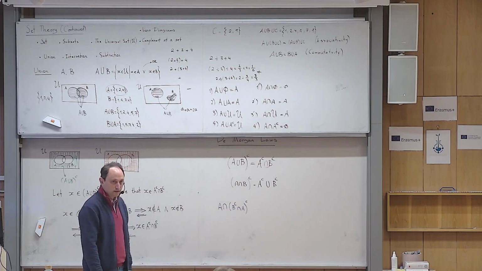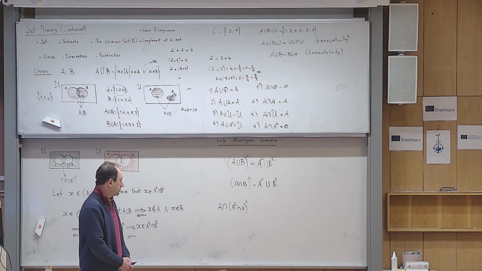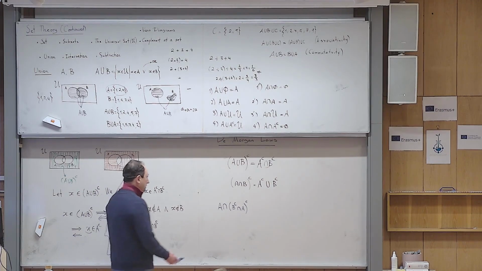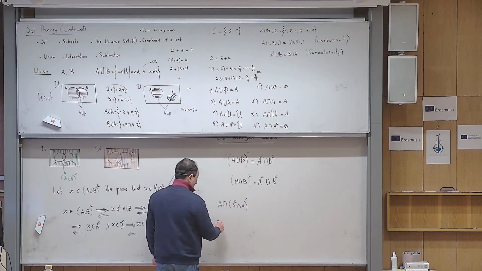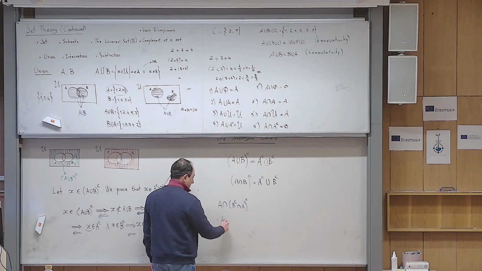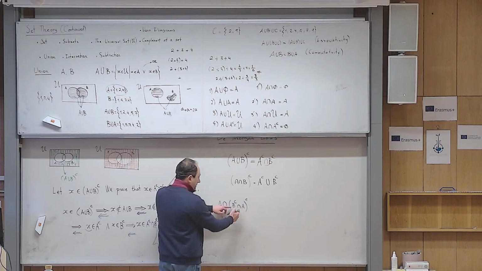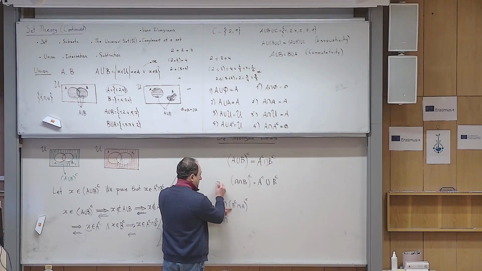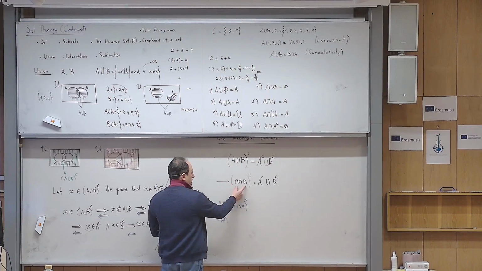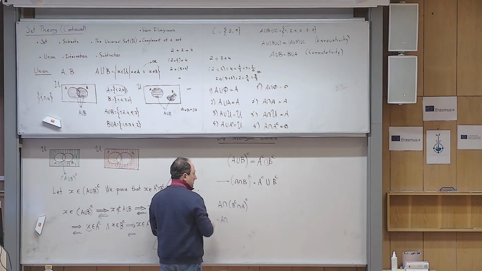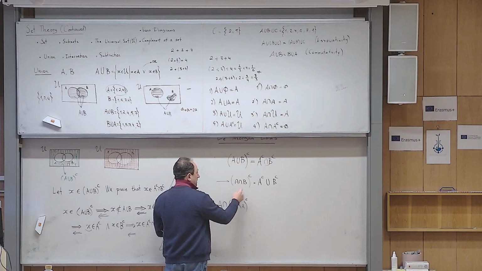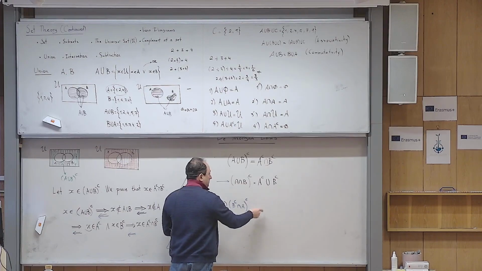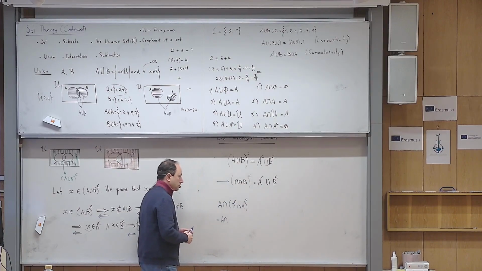B complement intersect A complement becomes B union A complement, because I can use De Morgan's law here. I copy and paste this one, and this is an intersection and I want to complement an intersection. This is the second rule. If I have an intersection and I want to complement it, De Morgan tells us to take the complement of each one of them, but instead of intersecting, you union them.